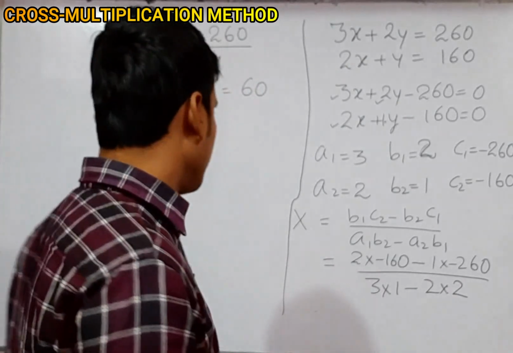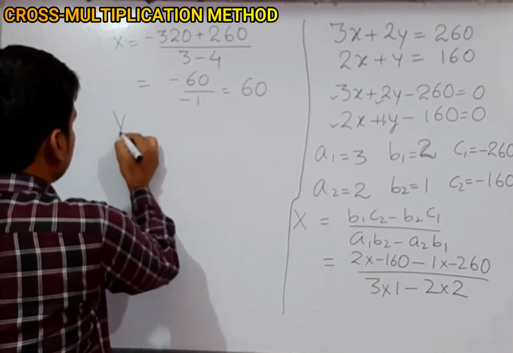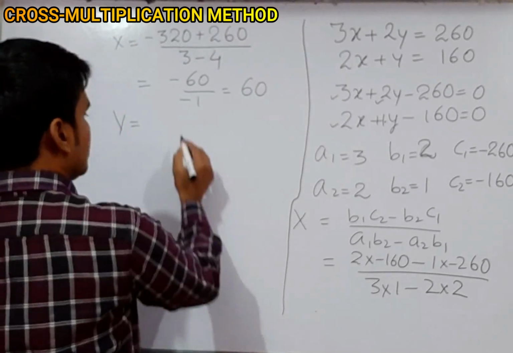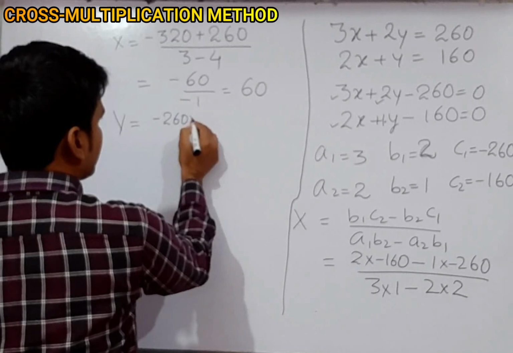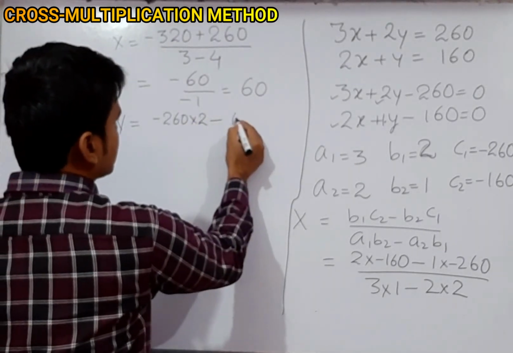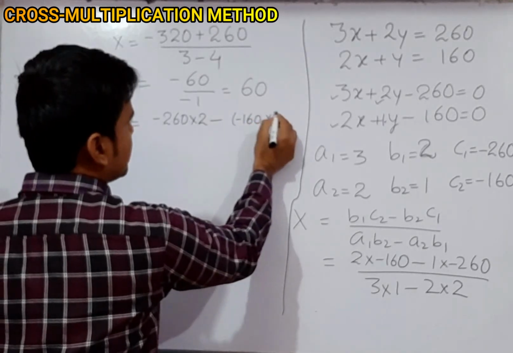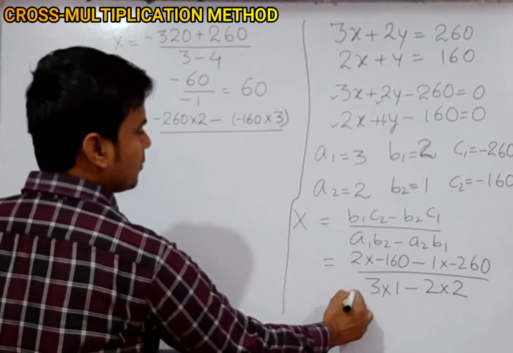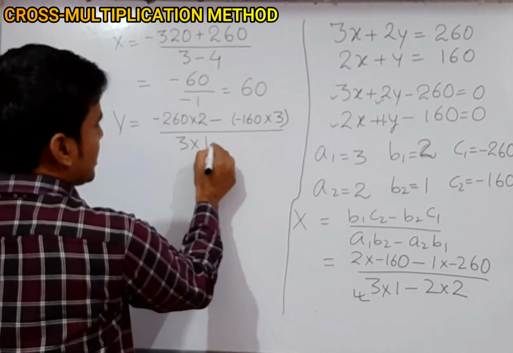So for the value of y, what we do, that again we use the formula of y equals to c1 a2. So minus 260 into a2 we have 2, minus c2, that is minus 160 into a1, that is 3, divided by the same which we have used in x, 3 into 1 minus 2 into 2.